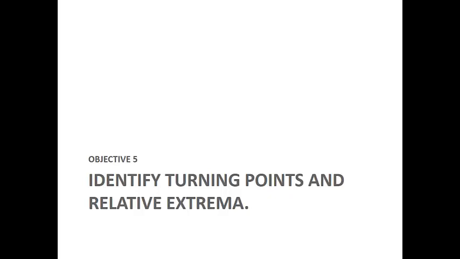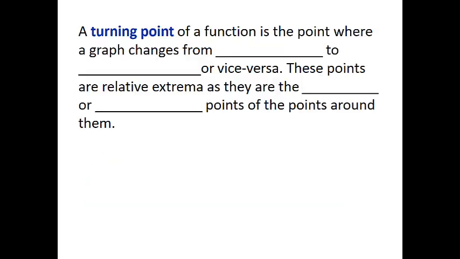In this video, I will show you how to identify turning points and relative extrema of points on a polynomial function. A turning point of a function is a point where a graph changes from increasing to decreasing, or vice versa.